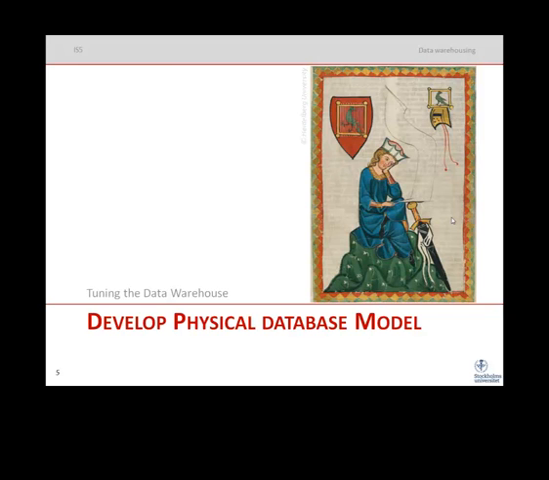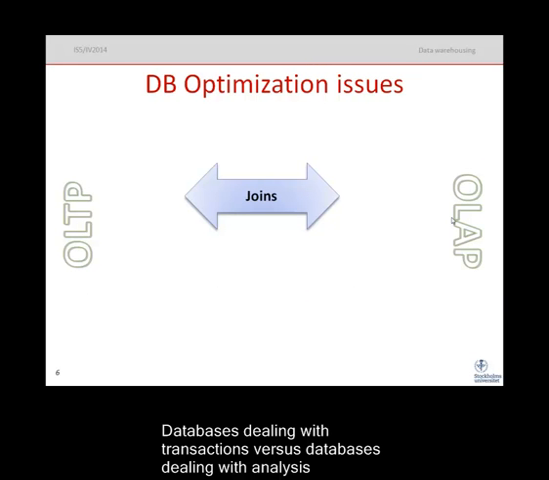So let's move on. Develop the physical database. So here we have some optimization issues. We have OLAP databases and OLTP databases. OLAP means online analytic processing, and OLTP means online transaction processing.